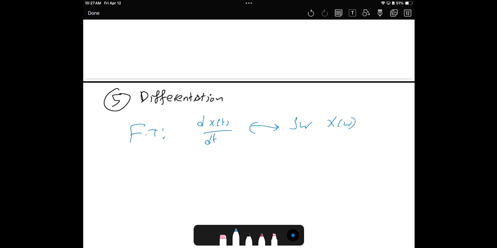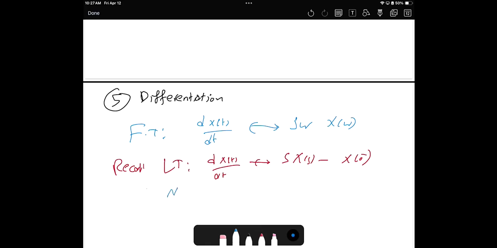That's it. There is no initial conditions, unlike Laplace transform. Laplace transform of dx of t by dt will be s X of s minus x of 0 negative. That was Laplace transform. But Fourier transform, no initial condition.